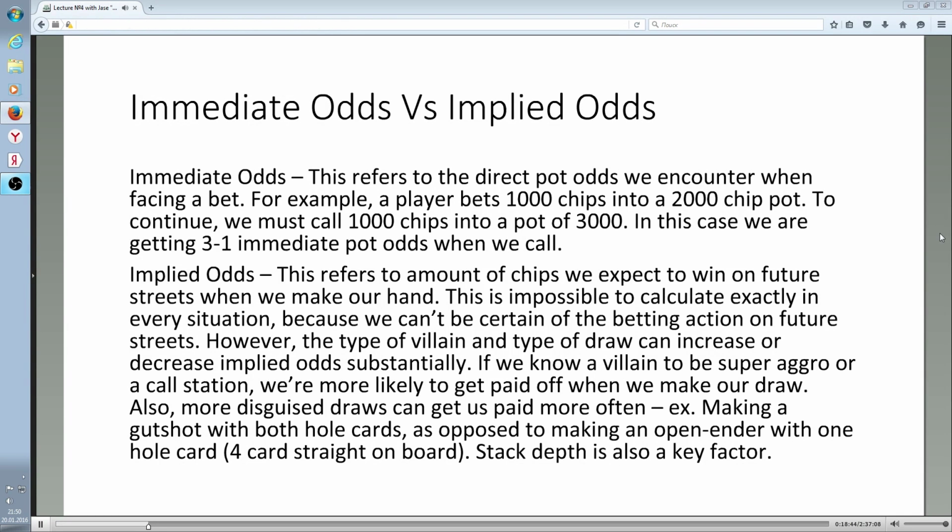For example, a player bets 1,000 chips into a 2,000 chip pot, meaning there are now 3,000 chips in the pot and we face a bet of 1,000. So 1,000 to 3,000 would be 3 to 1. We are getting 3 to 1 immediate pot odds when we call.